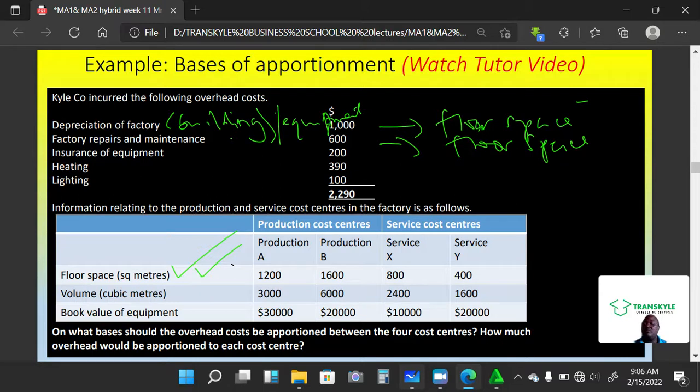So when we worry about how to allocate the factory repairs and maintenance expense, we consider the floor space occupied by these machines as a better basis to allocate these maintenance costs.